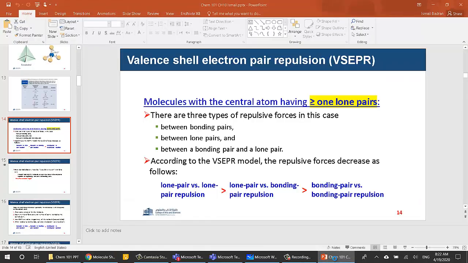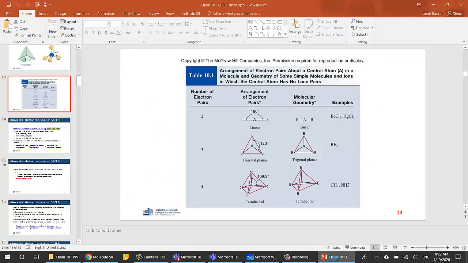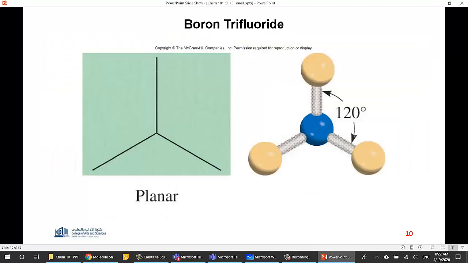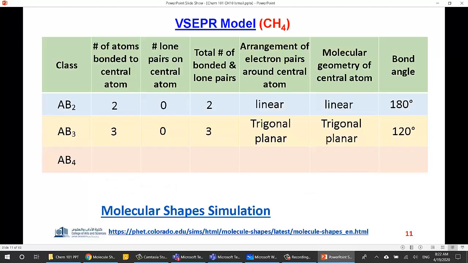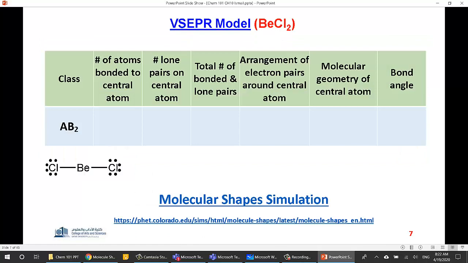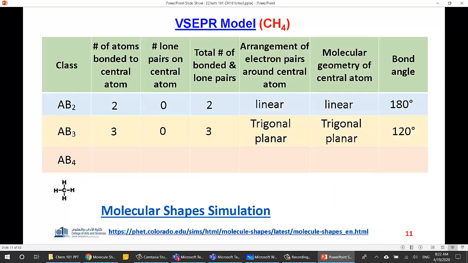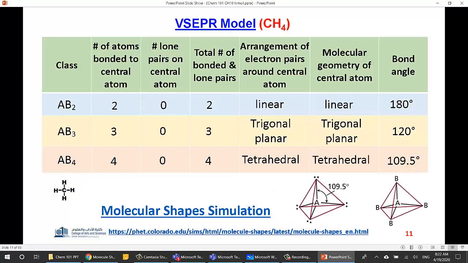Okay? So we have two things that we need to talk about in this chapter. We have something called the arrangement of electron pairs, which is the name of the big group or the big family. Imagine you have a family. We have three families so far.